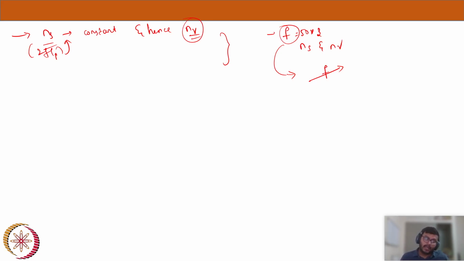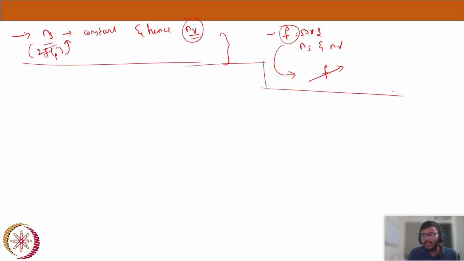So we can now see how easy it is to control frequency, thereby controlling the speed, using power electronics. Let's see how we can achieve that. It's very interesting, and once we discuss this, we will also feel how easy it is to control frequency using this power electronic system.